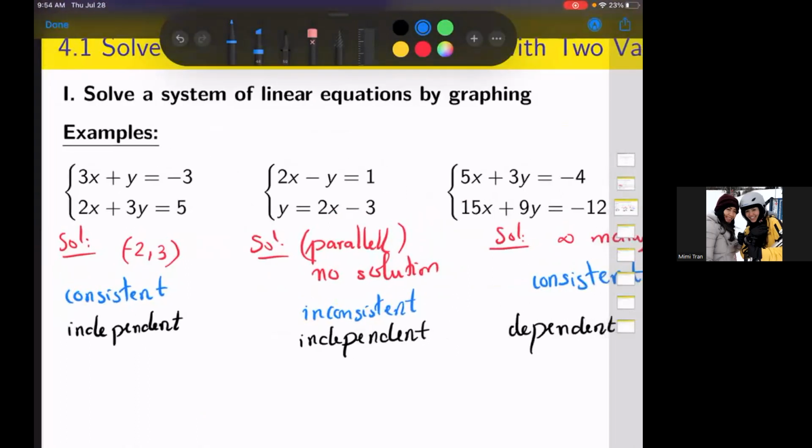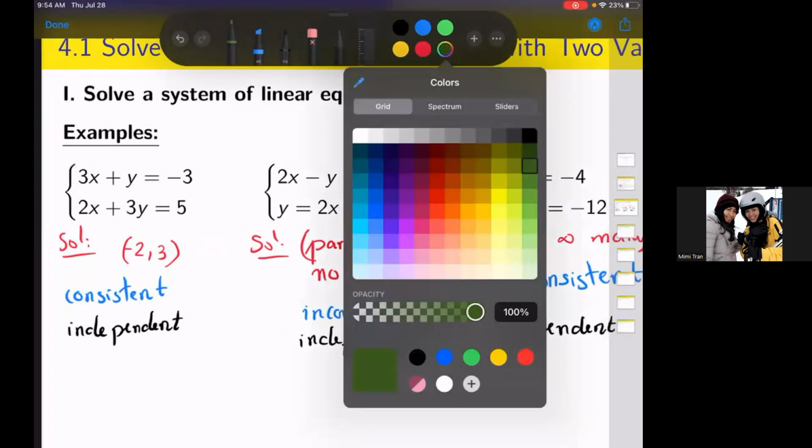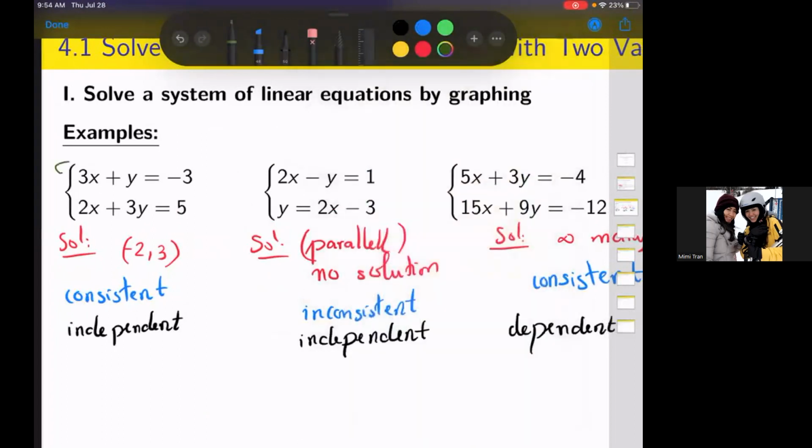If you solve for y in the first equation, y equals negative 3x minus 3. And for the second one, y equals negative 2/3 x plus 5/3.